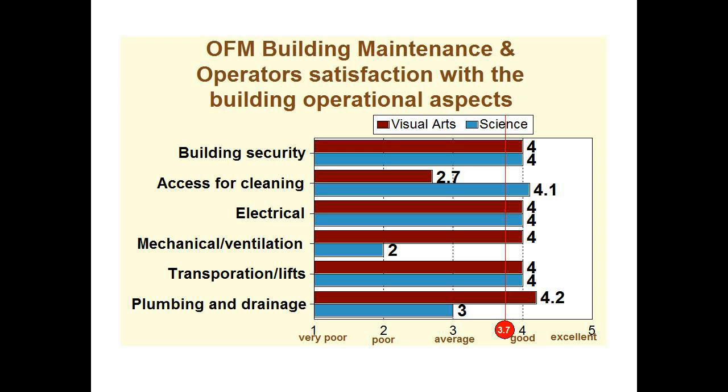So going back to the case studies of both the visual arts building and the science buildings, and we look at the responses from the maintenance and building operators. Very interesting to note that once we start looking at issues associated with mechanical and ventilation, which in the science building is a very important component of the building, and also looking at access for cleaning in the visual arts, in both areas they perform very badly.